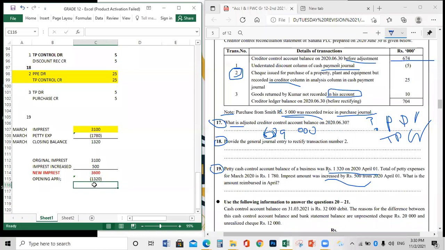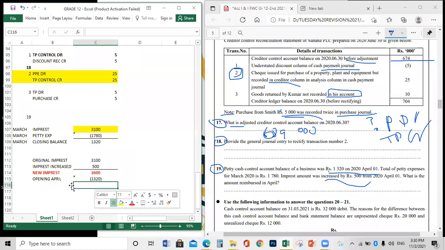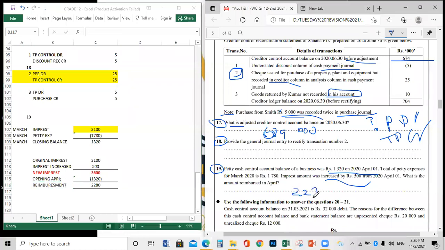So how much will you reimburse? That is going to give you the answer. The reimbursement will be 2,280. 2,280 will be your reimbursement. So that's the answer. 2,280 rupees.